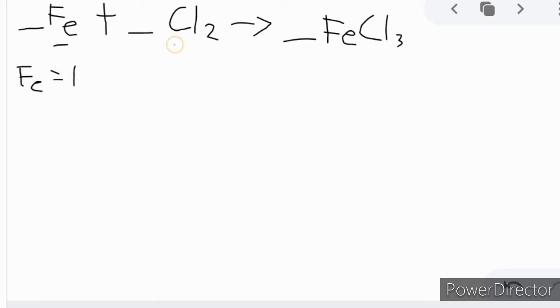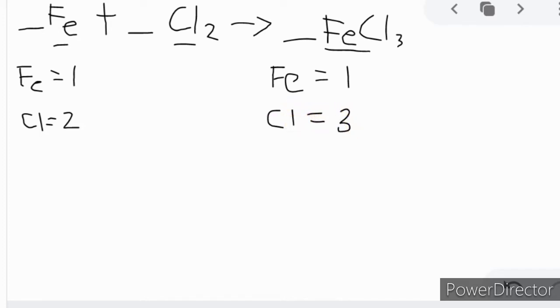Then we have Cl here, which is equal to 2 based on the subscript in the Cl2. So we get 2. On the other side, we also have Fe, which is equal to 1. Then Cl, which is equal to 3 based on the subscript.